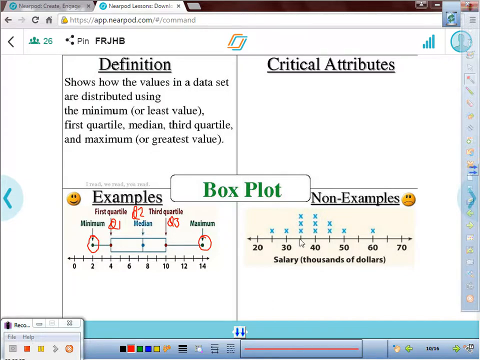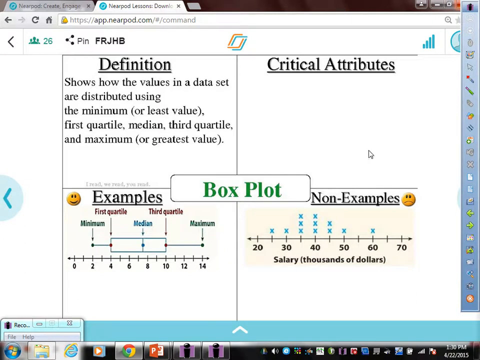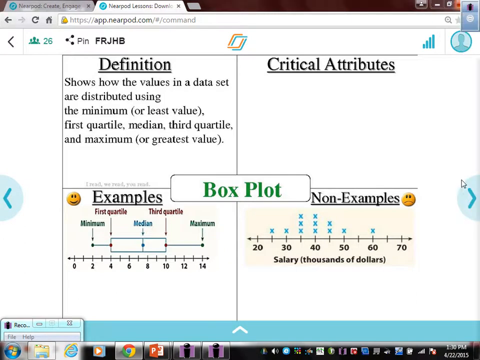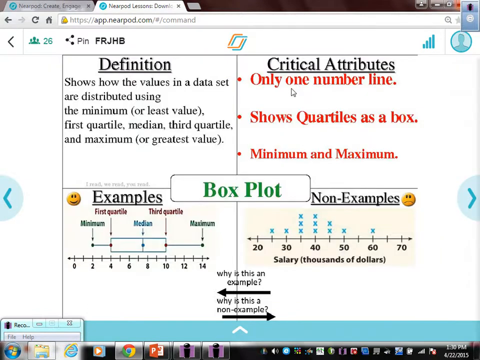This one does not have a box. That's why this one's called a box plot. This one is not a box plot. All right, so the most important thing to remember from the box plot is that it needs one number line, it needs the quartiles as a box, and it has a minimum and maximum. Write that down, please. Okay, thank you.